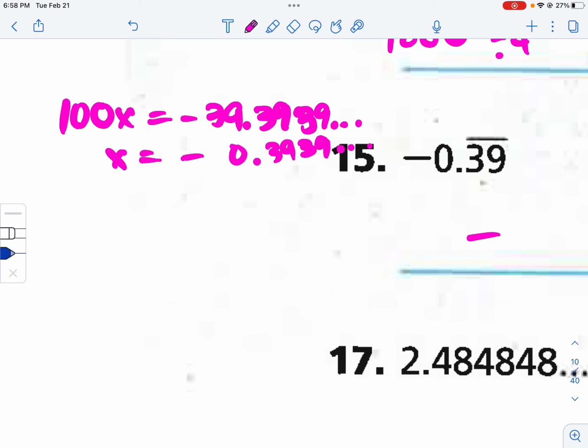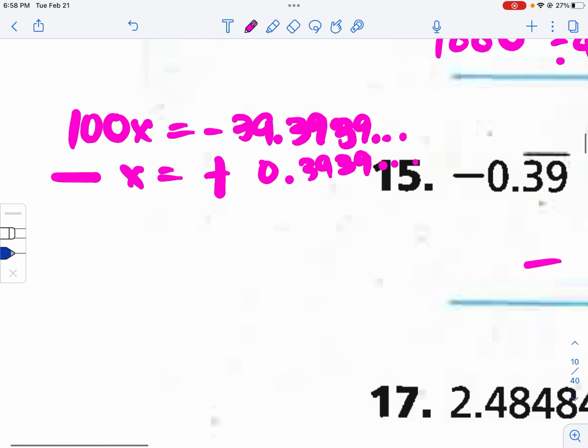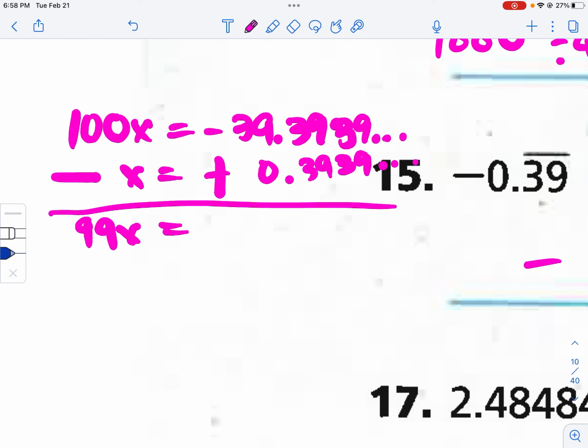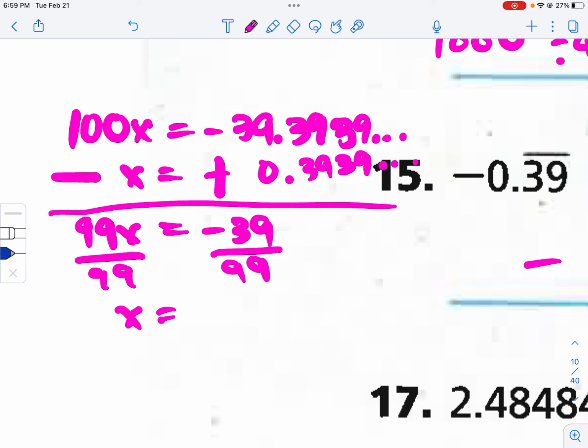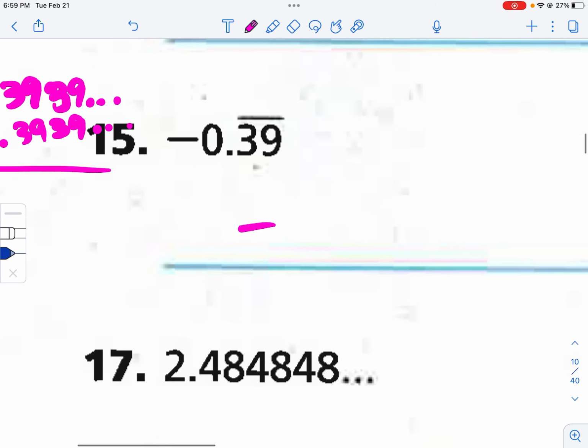Now, if I'm subtracting, that means I'm changing the sign. So that's now a plus sign. Oops, sorry about that. So this will get me 99x equals negative 39. I divide by 99. 3 goes into both of that, so that gives me negative 13 over 33.